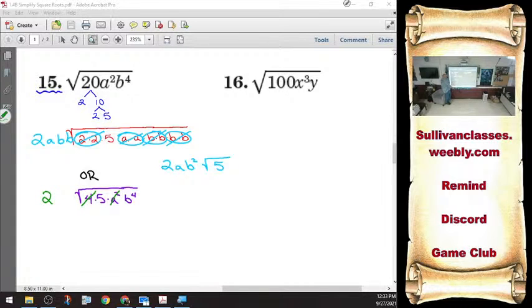The square root of a squared is a to the first. You just cut the exponent in half. Cut the exponent in half, b to the second. It's still going to give you the same thing: 2ab squared on the outside and a 5 left inside. They're both ways to do it.